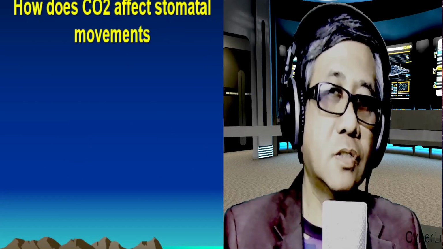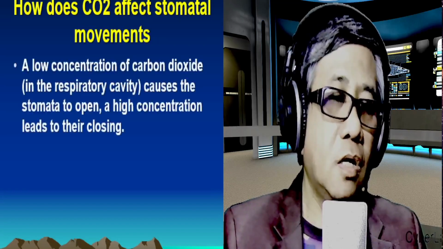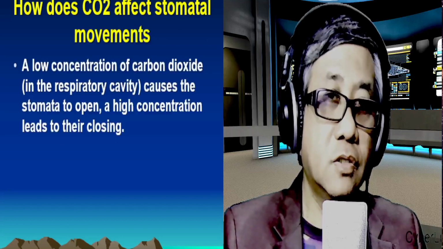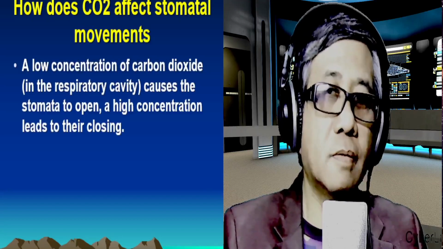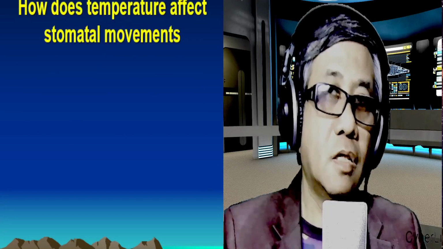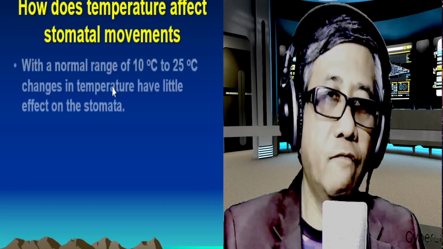Alright, how does carbon dioxide affect stomatal movement? A low concentration of carbon dioxide causes the stomata to open, so take note of that. A high concentration leads to their closing. Now what about temperature? How does temperature affect stomatal movement?